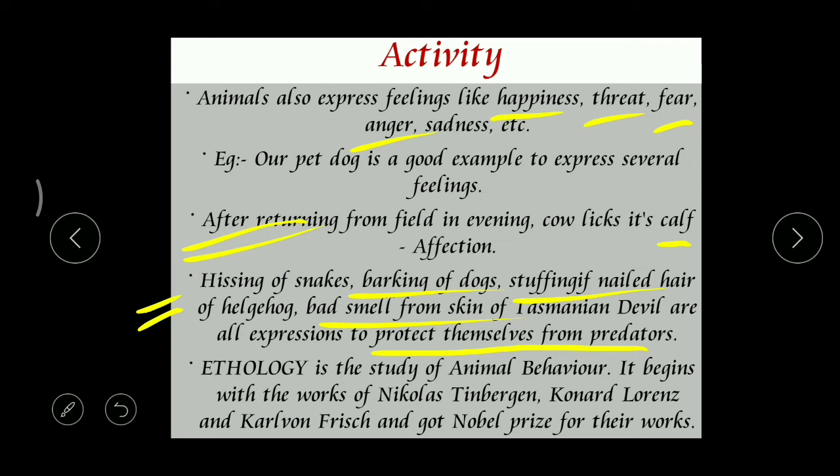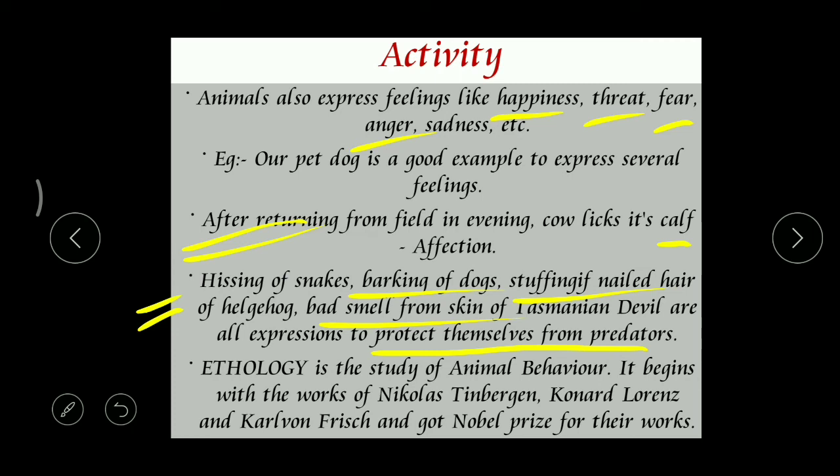Now, when you take the snake, without any reason, they won't bite, they won't kill, or they won't harm other animals. Okay, but whenever there is a threat, only at that time, in order to protect itself, first it produces that sound, and even if there is no other way, then it tries to kill.